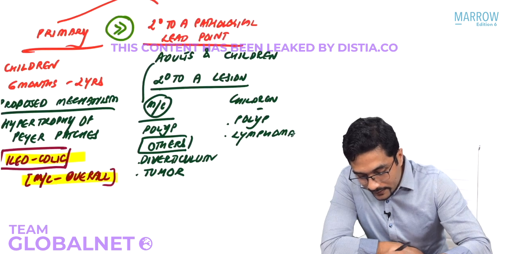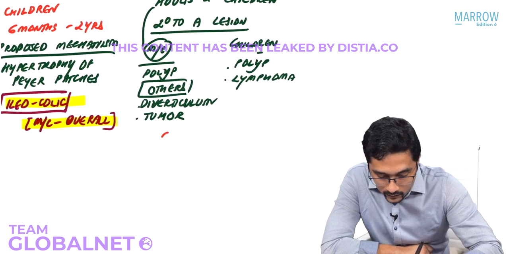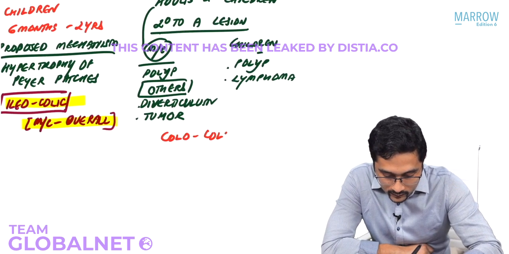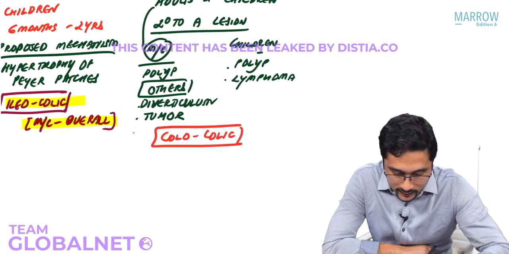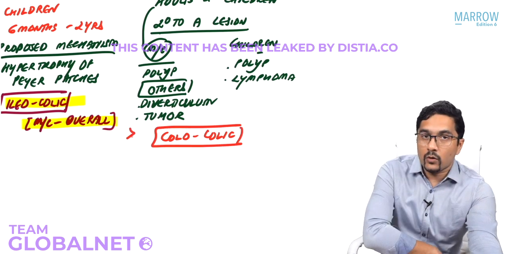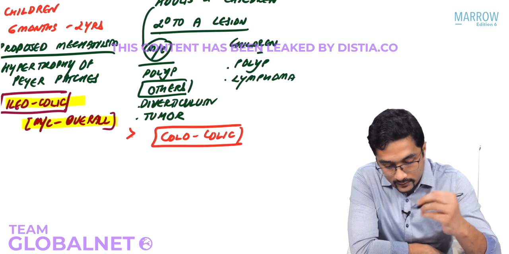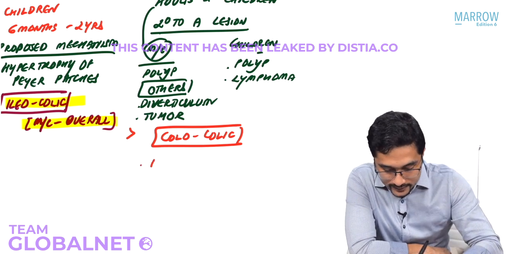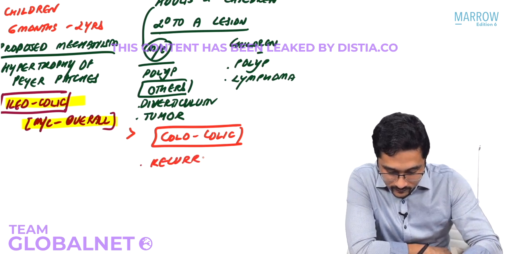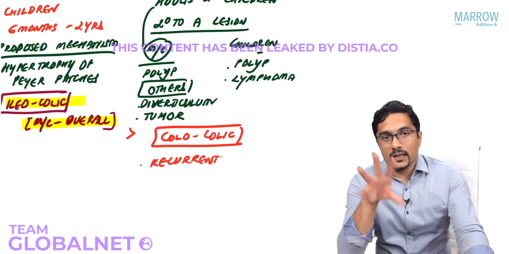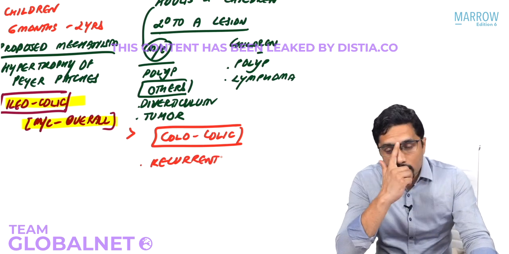And secondary intussusception is usually colocolic. Colon going into the colon, colocolic, but I've already told you ileocolic is more common than colocolic. Secondary intussusception can be recurrent because the pathological lead point will again and again cause intussusception.